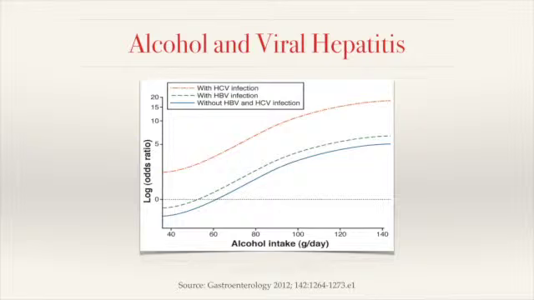The presence of alcohol alone can cause liver cancer through cirrhosis, but alcohol really operates worse or considerably stronger in the presence of either hepatitis C or hepatitis B. So this slide shows three curves. The highest one is alcohol with hepatitis C infection.